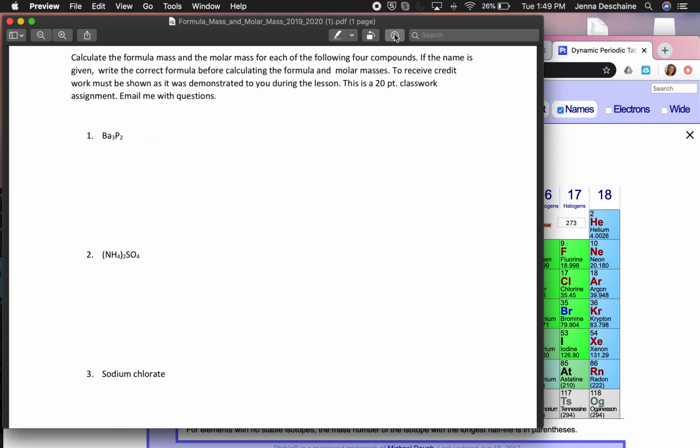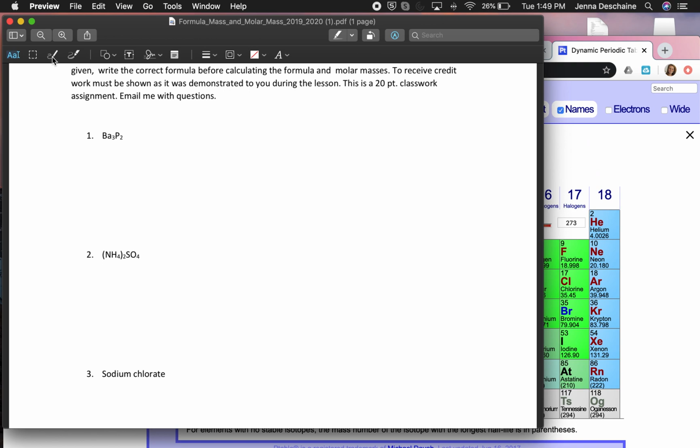Okay, so get out my handy dandy pen thing. All right. So first, I need to make sure I count how many atoms are in this whole compound, okay? And it looks like I have 3 atoms of barium, just by looking at that 3 subscript. And then I'm going to put some parentheses right here.